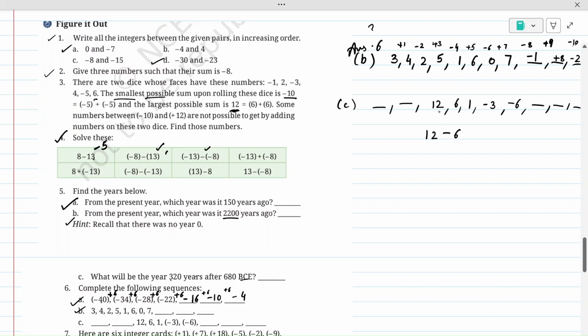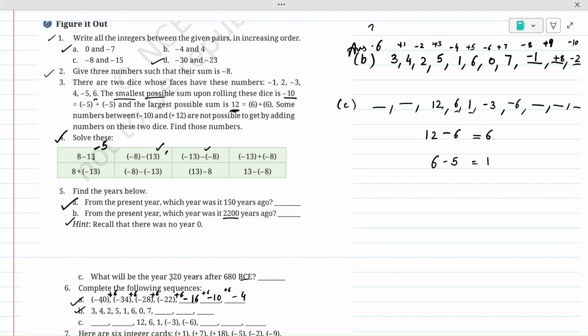If I'm just subtracting these two numbers, I'm getting 12 minus 6 as 6 here. Now again, I'm taking this next number which I have got, and I am subtracting 5 from it. So I'm getting the next number, that is 1 here.